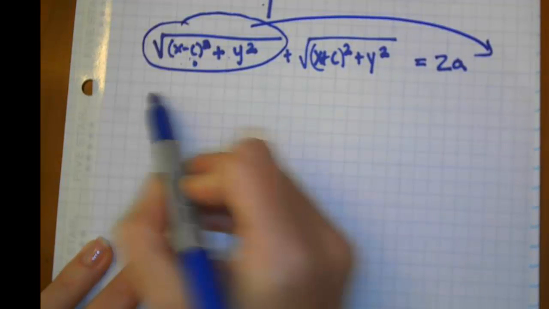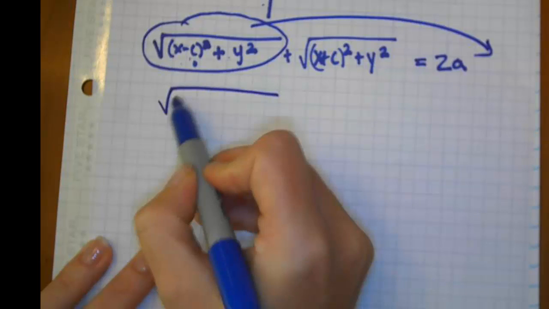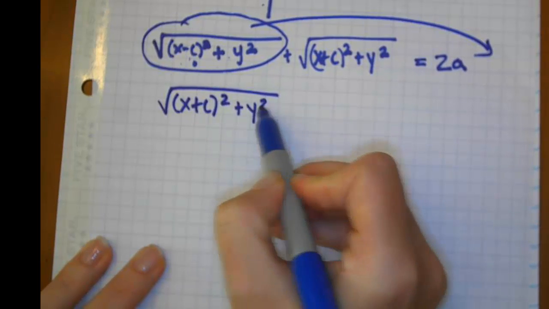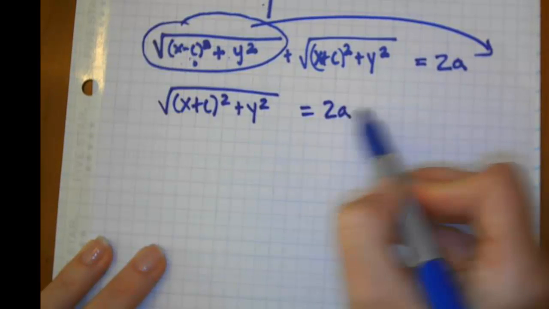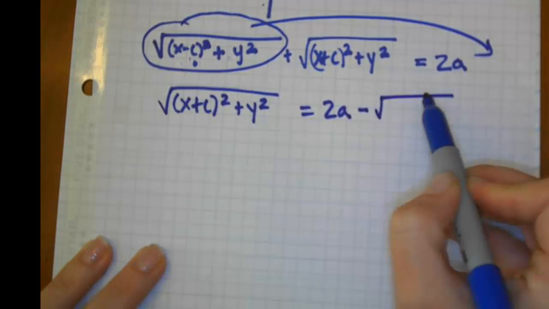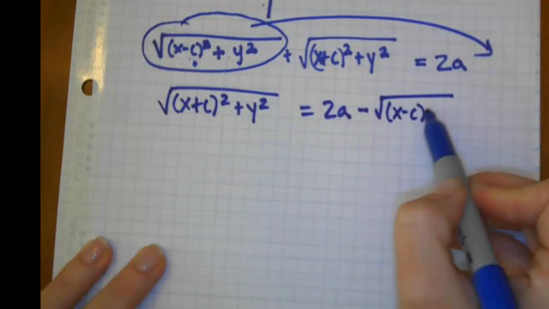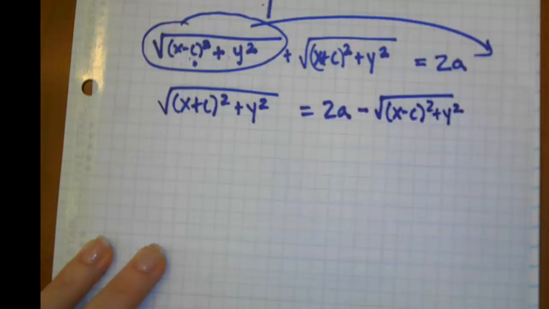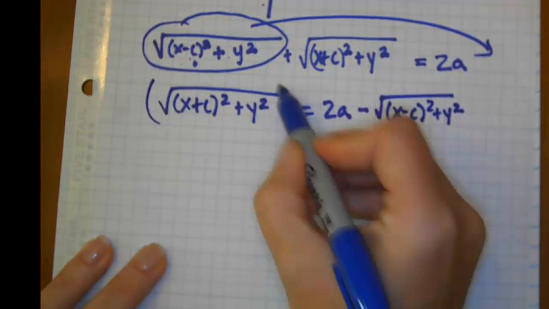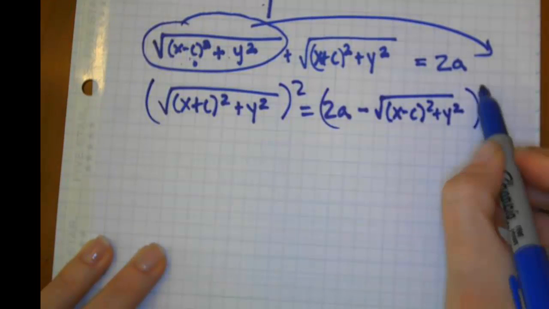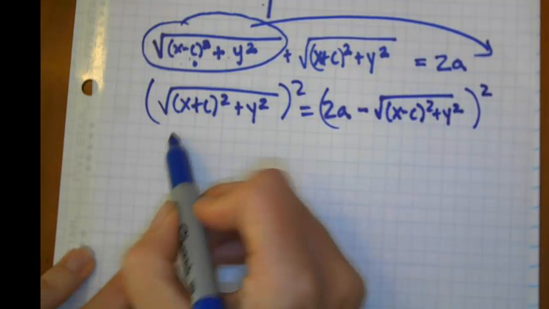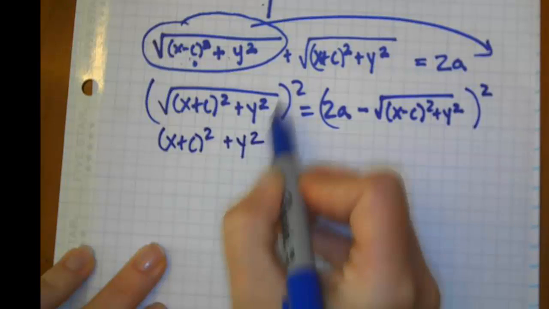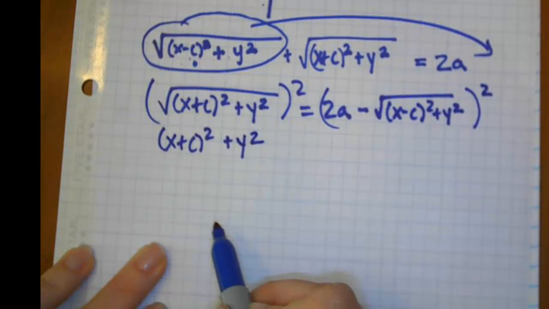So I am going to be left with the square root of x plus c squared plus y squared equals 2a minus the square root of x minus c squared plus y squared. Then I can square both sides. Okay. So in squaring both sides, I am now left with x plus c squared plus y squared because the square root and the square cancel.